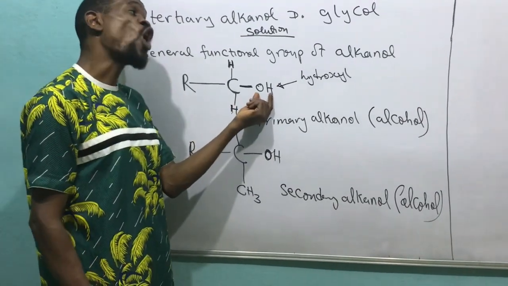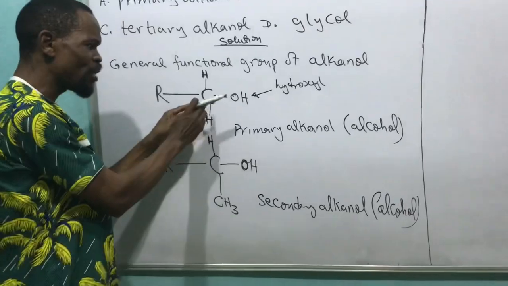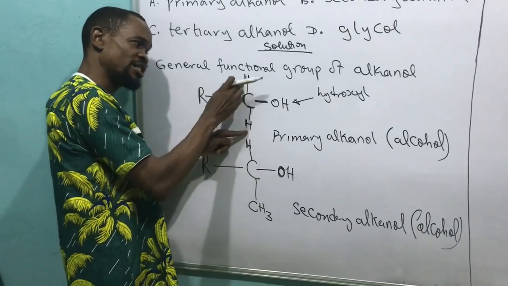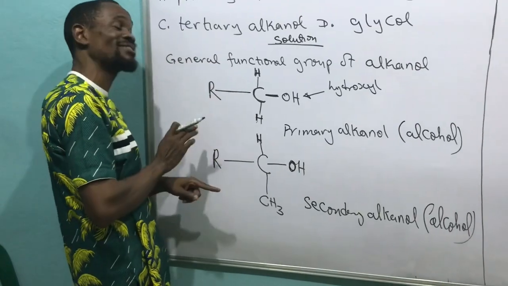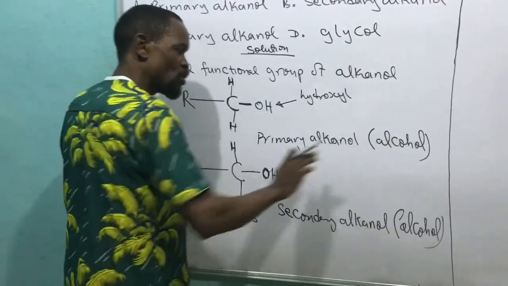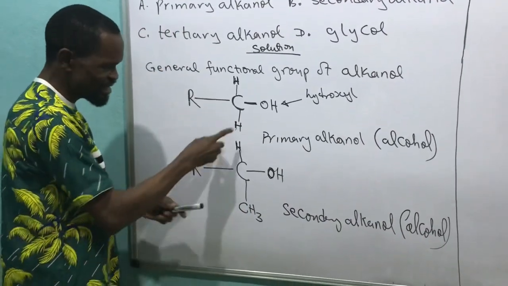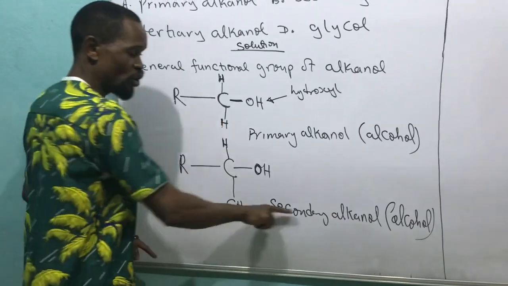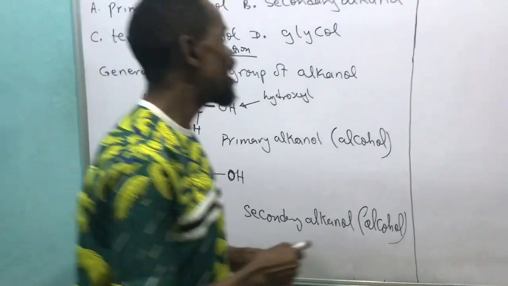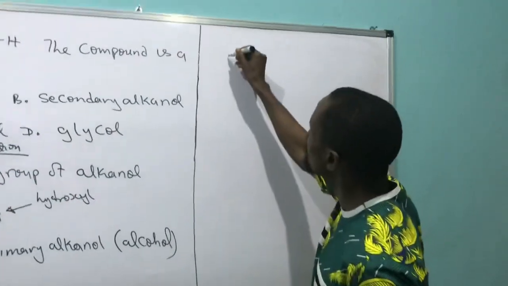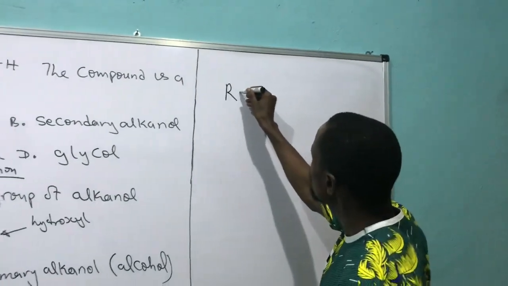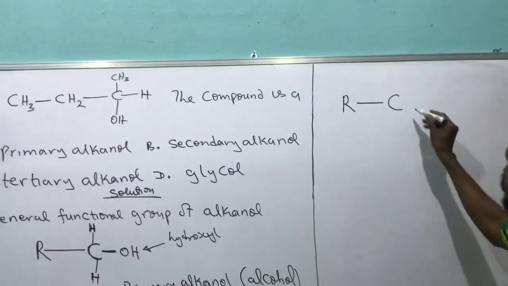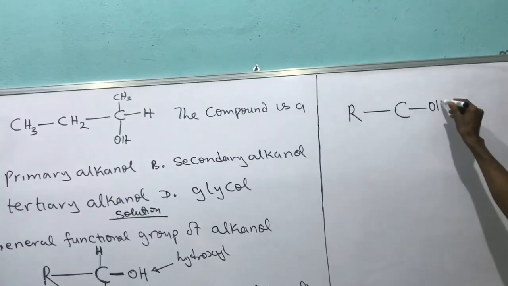So when the carbon carrying this hydroxyl has two hydrogens on it, and this is aliphatic, a straight chain, we call it primary alcohol. When this carbon carrying OH has only one hydrogen on it, we call it secondary alcohol. When the same carbon carrying the OH has no hydrogen on it, we say tertiary alcohol.